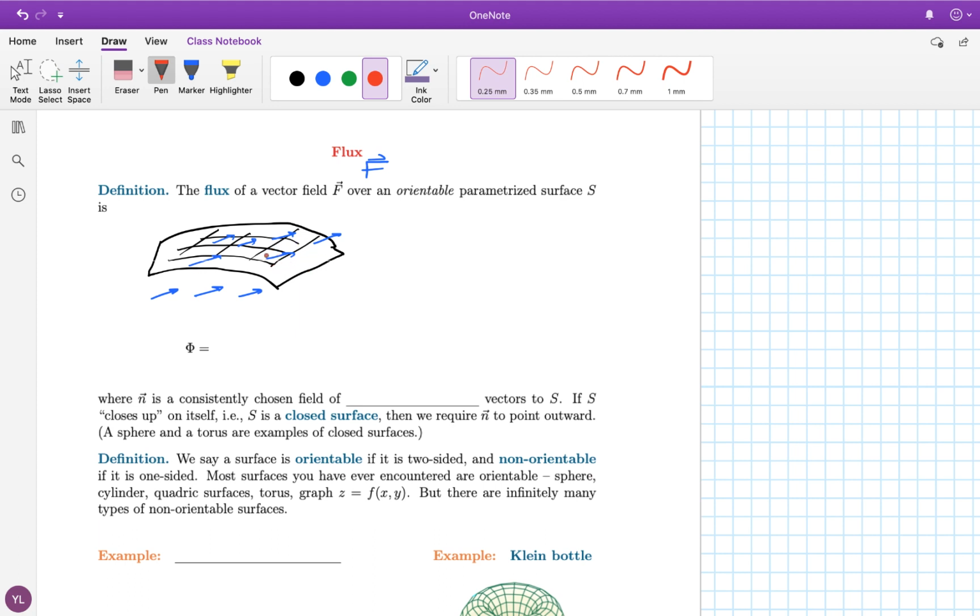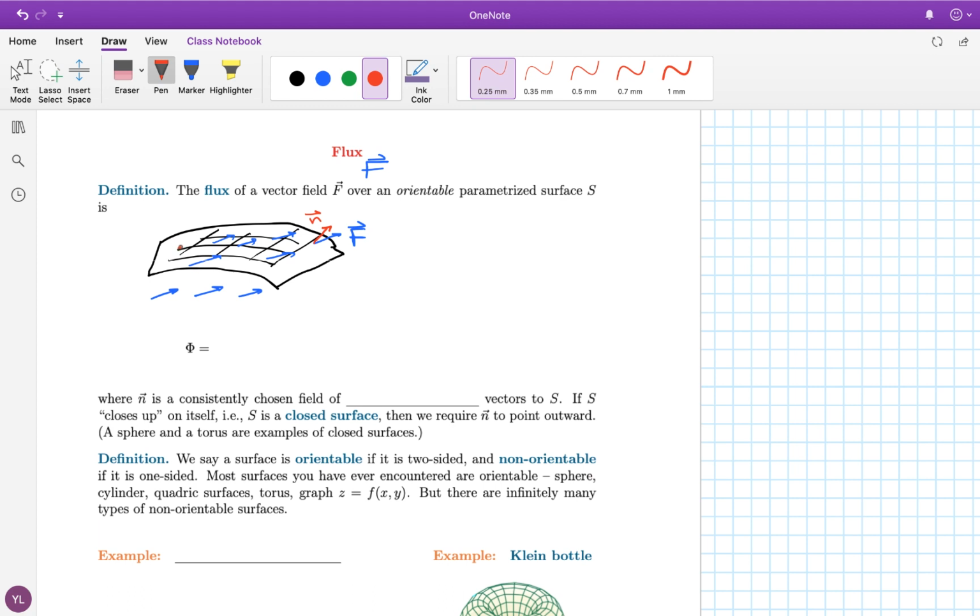And you can quantify precisely how much of the field is running across the surface at any given point by drawing a little unit normal and then taking a dot product of the vector field there with the normal. That will extract the component of the vector field in the direction of the normal.